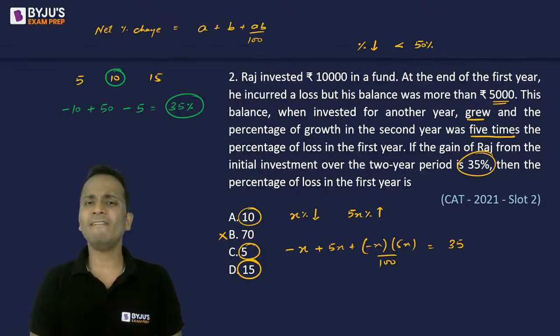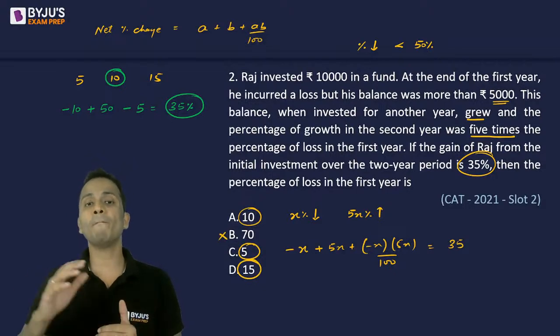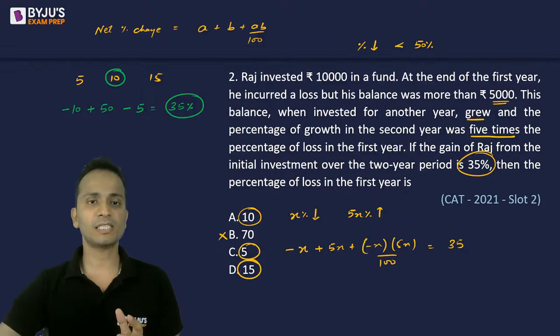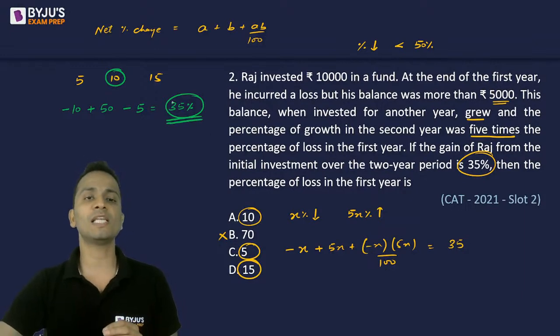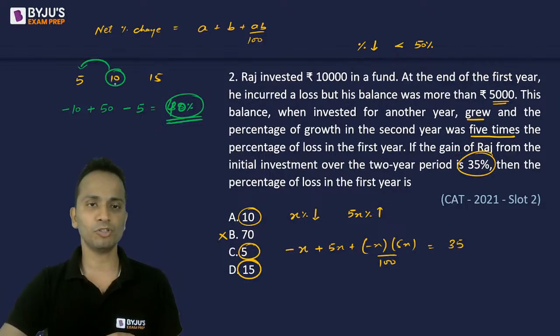But what is the relevance of using the middle value as the first trial? I used 10 percentage and I've got 35. Now, if I would have got more than 35, let's say 40 percentage, then my answer should have been less than 10 percentage.